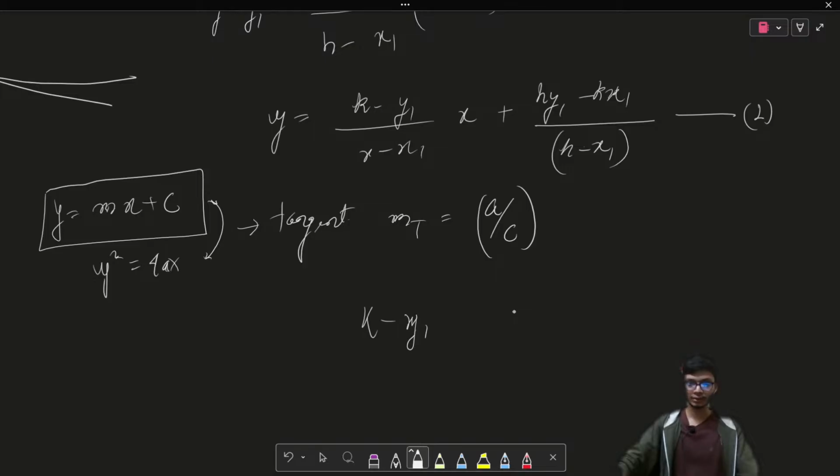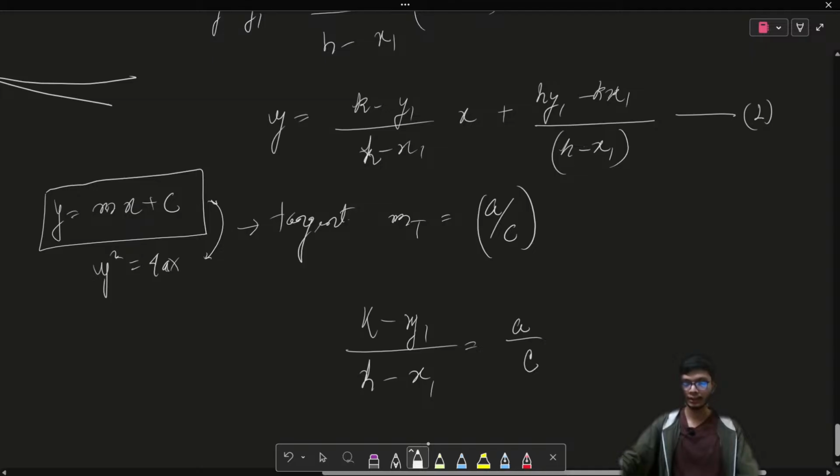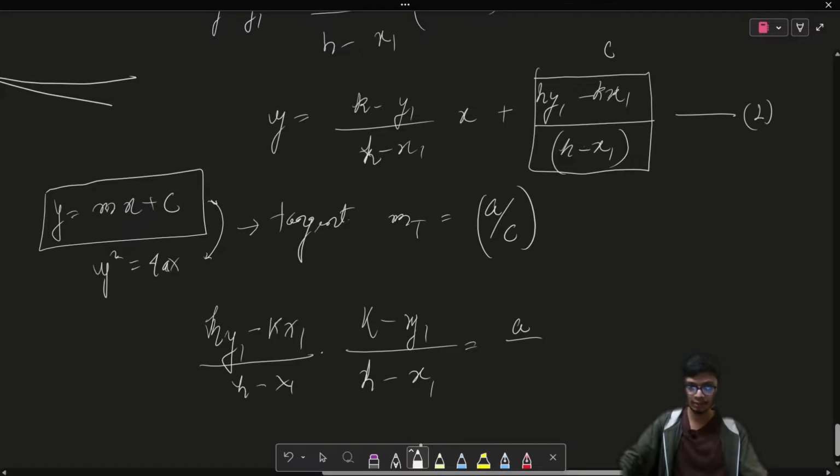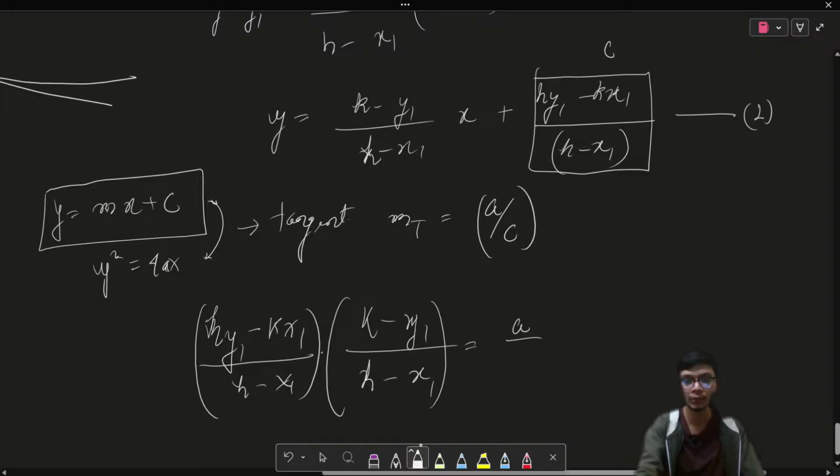Therefore, k minus y1 divided by h minus x1 is the slope m, and c can be replaced with this expression, hy1 minus kx1 divided by h minus x1. So this is the expression for c and this is the expression for slope, and they should satisfy the condition c equal to a upon m, right?